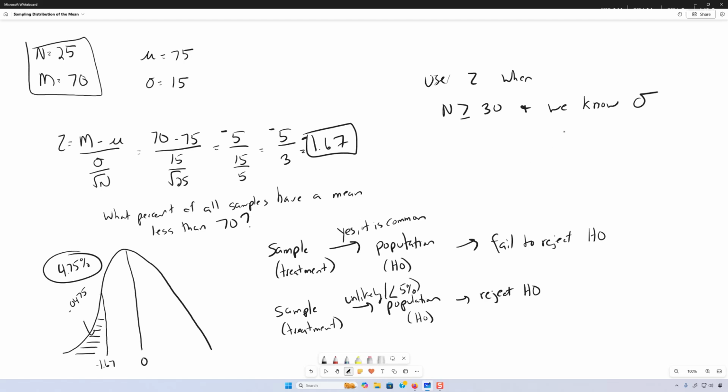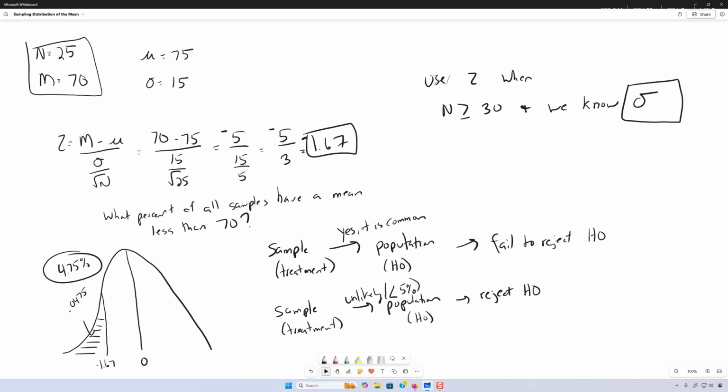And this is the important part: we have to know the population standard deviation to use Z. Most of the time we don't know the population standard deviation. If we do not know sigma, we cannot use Z. We have to use an alternative, and that alternative is going to be known as T.